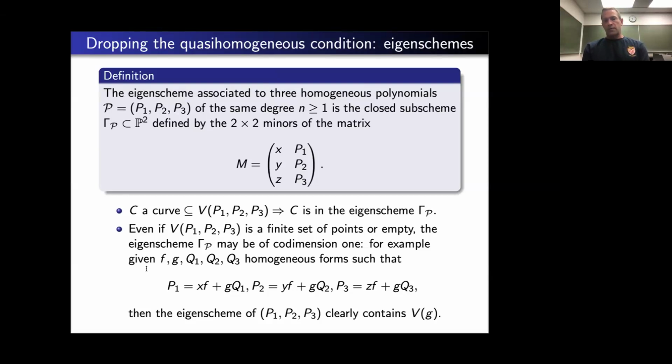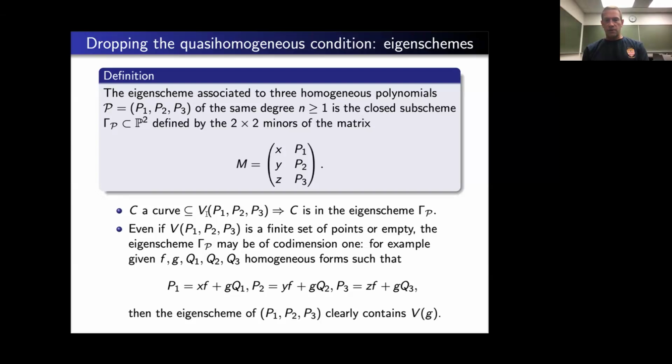So what are some properties of the eigenscheme? The first one is that if I have a curve that's contained in this, P1, P2, P3 could, there's multiple things that could happen there. They could share a common factor, or even if they don't share a common factor, they could just define a bunch of points.